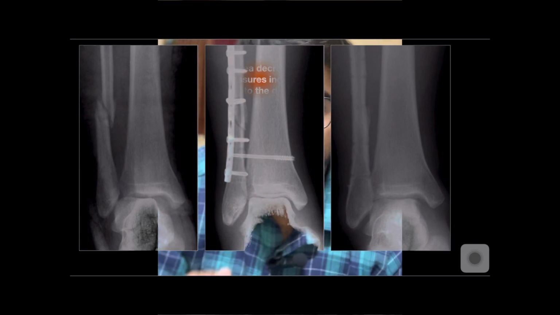Due to the increase in the medial clear space, the tibiotalar contact area changes. With 1 mm translation, the tibiotalar contact area changes by 43%, and the contact pressure is increased by 30%. This data suggests that it will lead to early osteoarthritic changes.